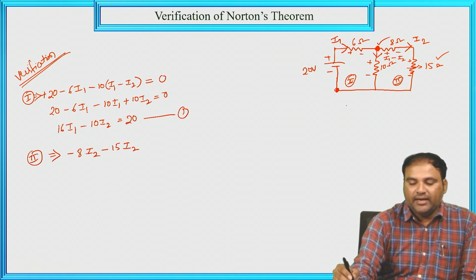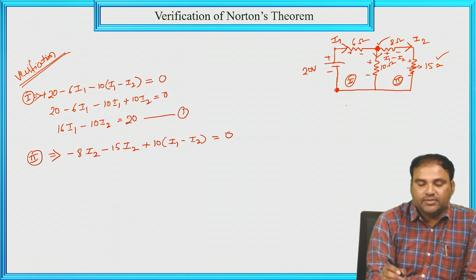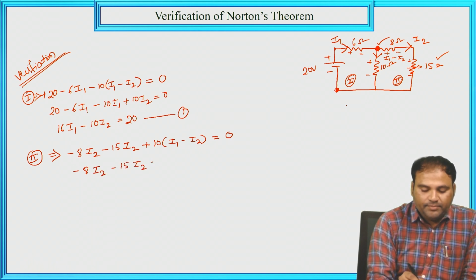Next the current is in the upward direction, so the second polarity is plus 10 into (I1 minus I2). That should be equal to 0.